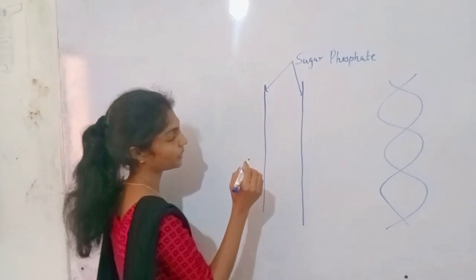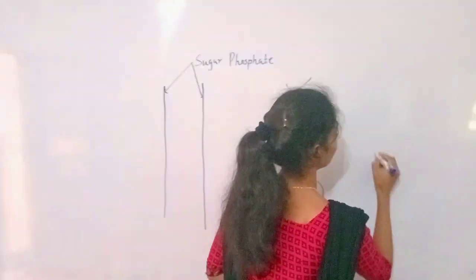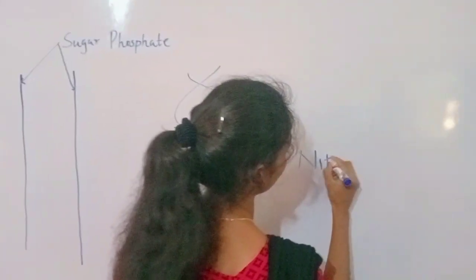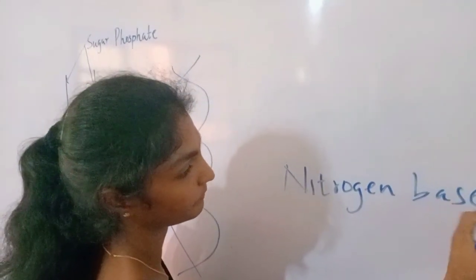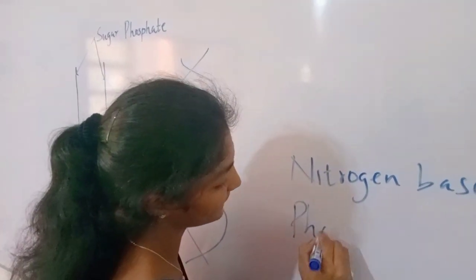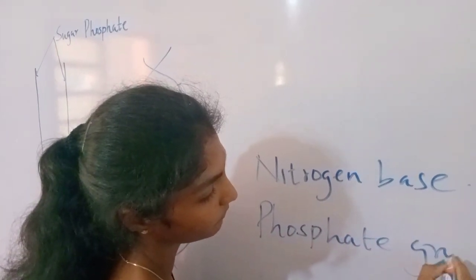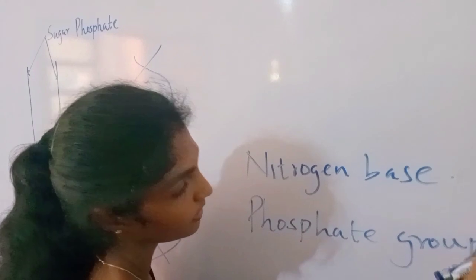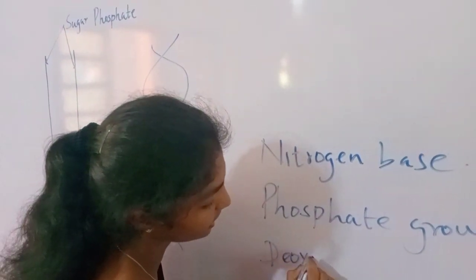The polynucleotide chains consist of the nitrogen base, phosphate group, and the deoxyribose sugar.